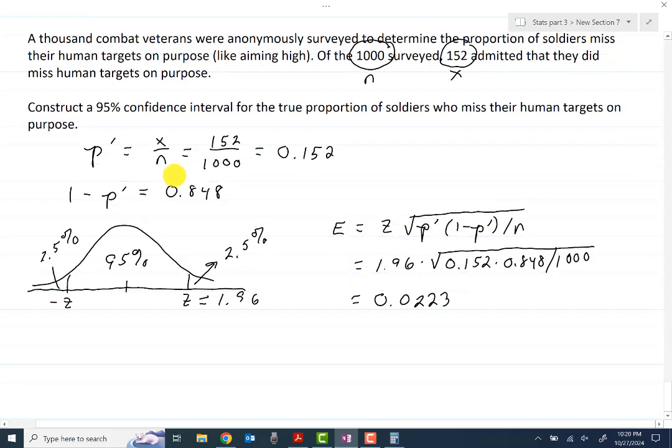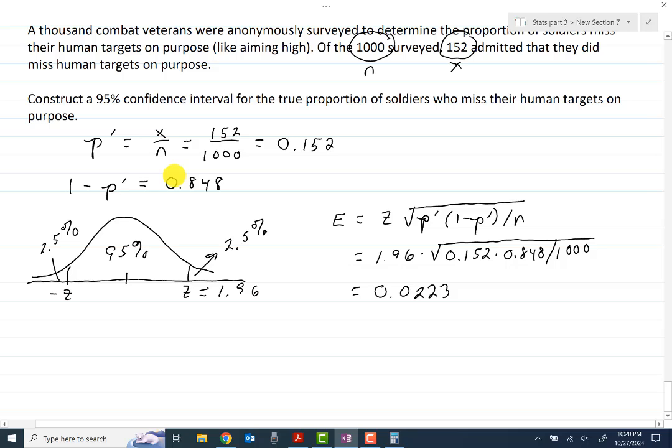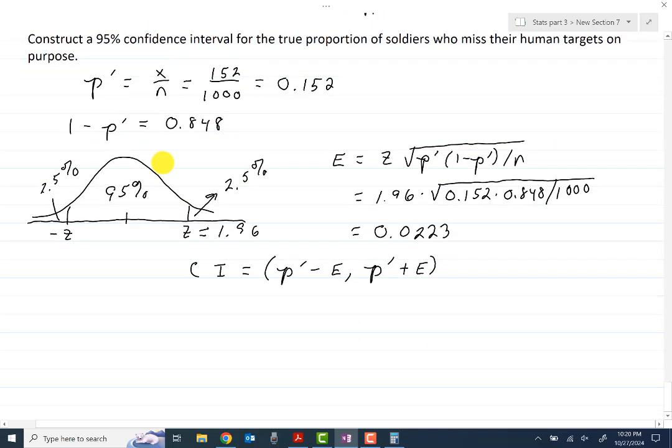So the error is a little over 2%. And then we're going to look at our confidence interval. As you recall, that is P prime minus E, P prime plus E. So we have 0.152 minus 0.0223, 0.152 plus 0.0223.